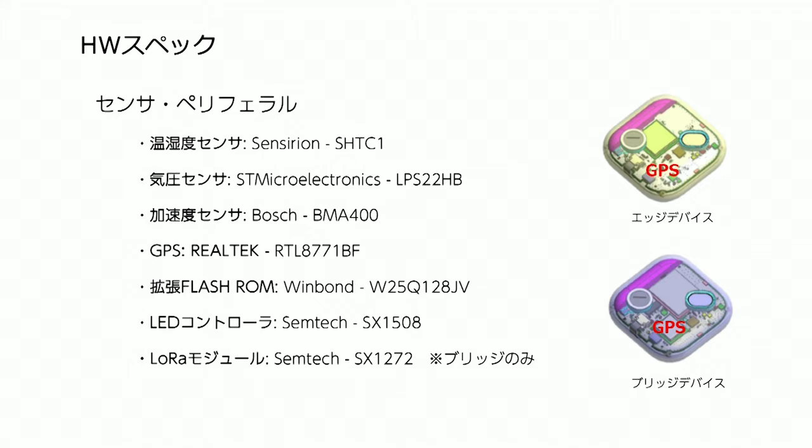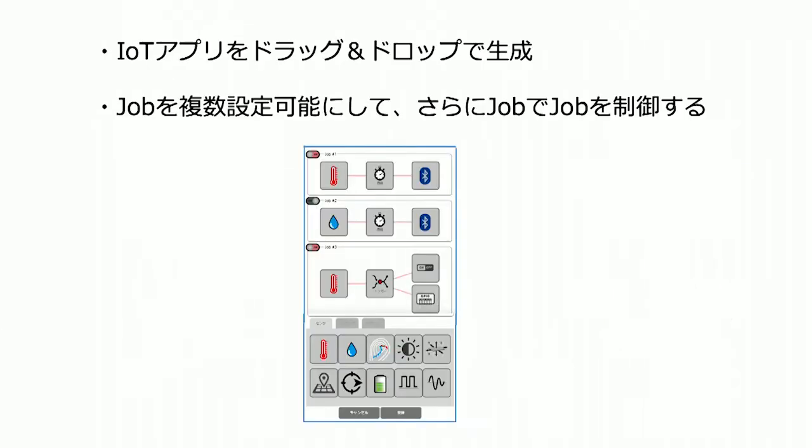And we changed the specification halfway through the project and attached a GPS, because an IoT uses GPS technology very, very much. So we wanted to have this LoRa module so that the bridge can operate with GPS and all battery operated.